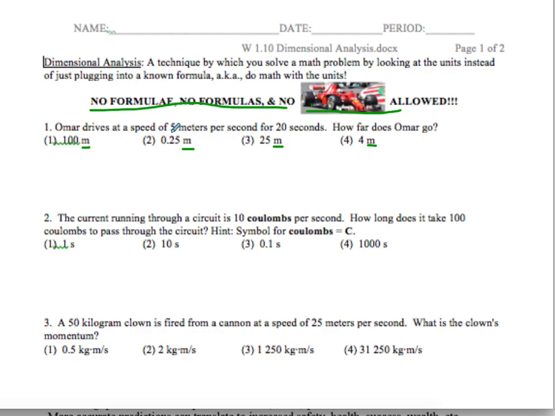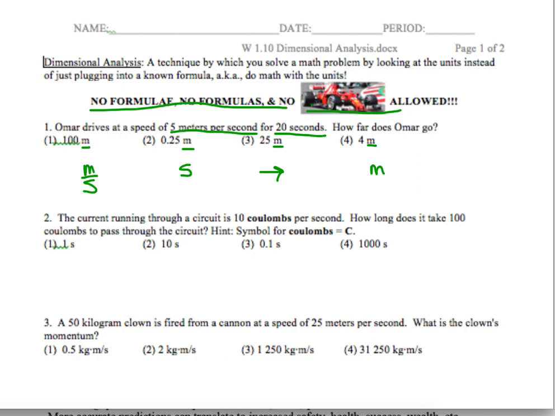So look at what the question has. 5 meters per second. It also has 20 seconds. So the question you have to ask yourself is, how do I take meters per second and separately seconds, and somehow combine them to give me meters, since all four answer choices are meters.